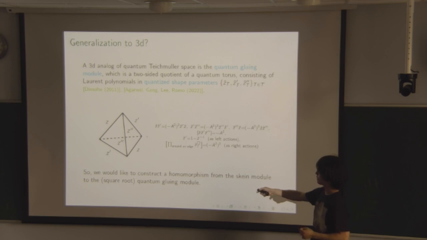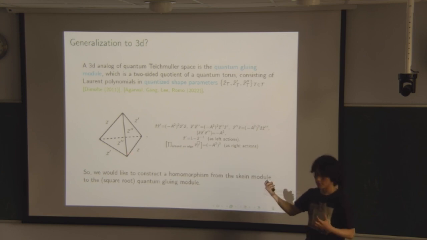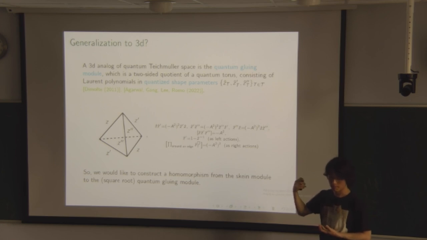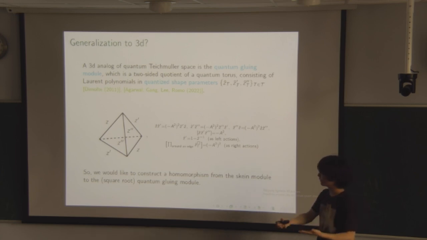But these are not all independent variables because, first of all, even classically, these parameters must satisfy certain relations, namely that the product of these 3 complex numbers must be -1, and also that Z prime is 1 minus Z inverse, etc. And also, as we glue these hyperbolic ideal tetrahedra together, on each edge, the dihedral angles must add up to 2 pi to give a complete hyperbolic structure.